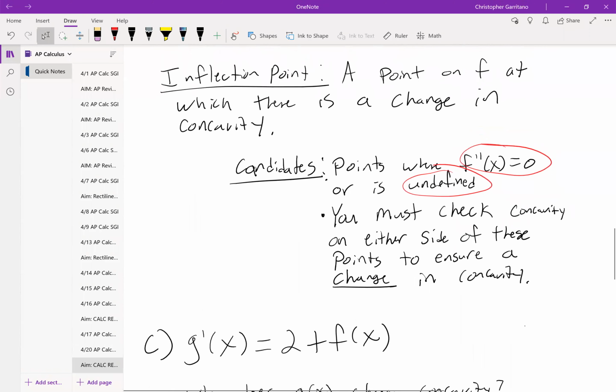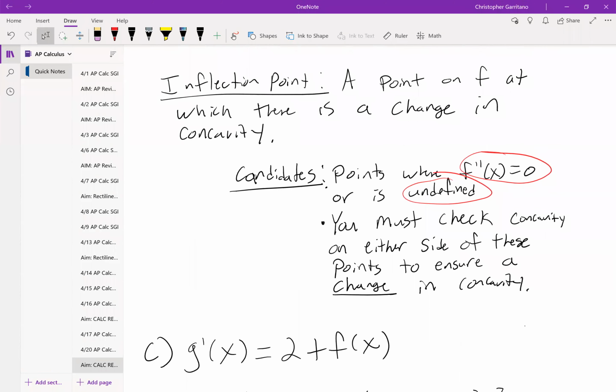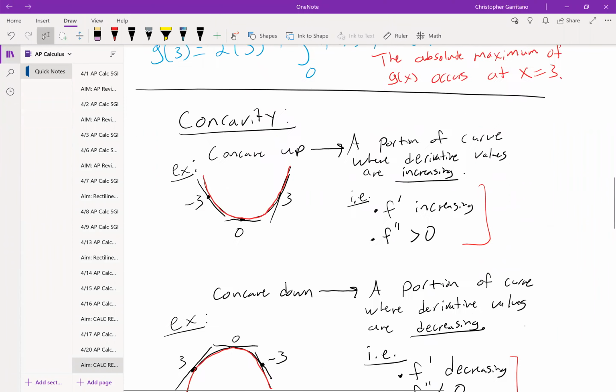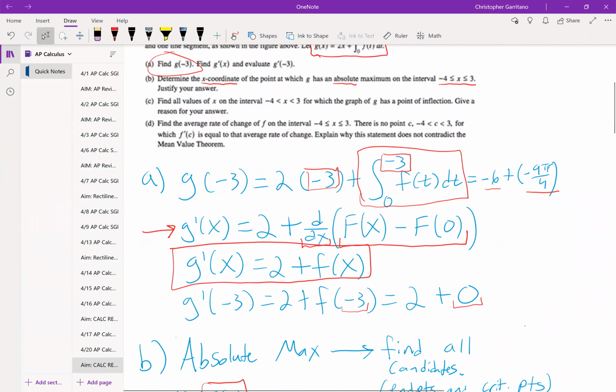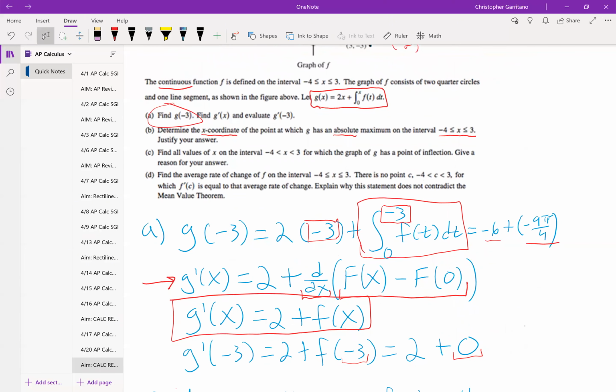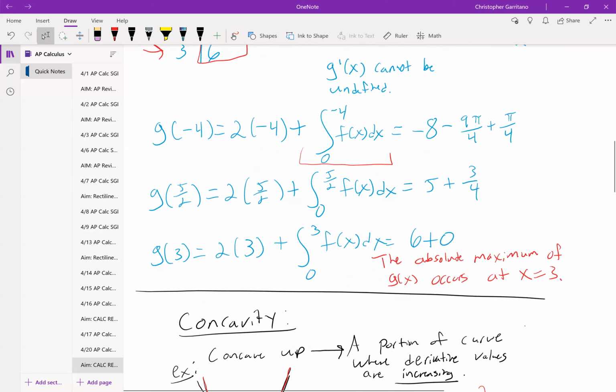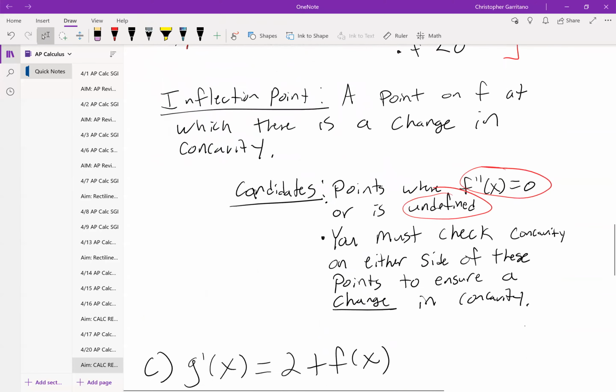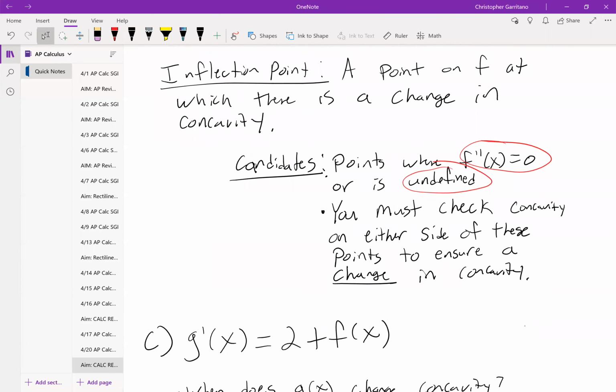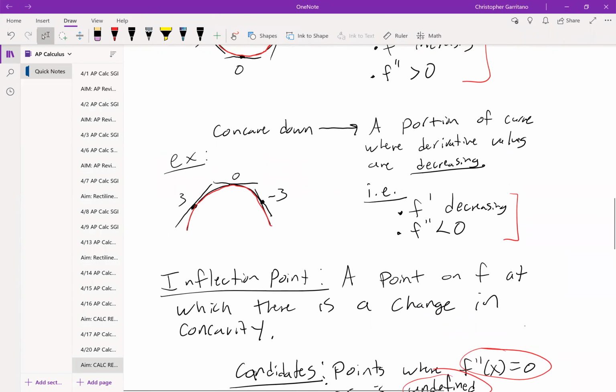All right, so now going on to the question at hand. Let's read it. So C says, find all the values of x on that interval for which the graph G has a point of inflection. All right, so since we're looking for a point of inflection, that means I'm either going to analyze the first derivative or the second derivative, right?